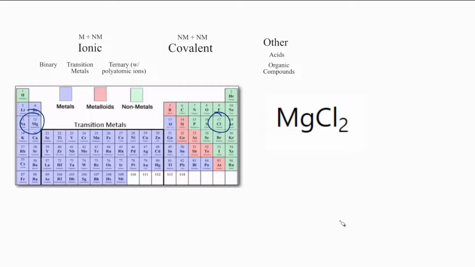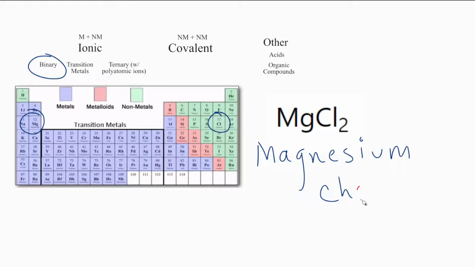All right, so we got a metal and a non-metal. So that's going to be the binary ionic, and those are the simpler ones. Write the name for the metal. Then the non-metal. And change it to IDE, magnesium chloride.